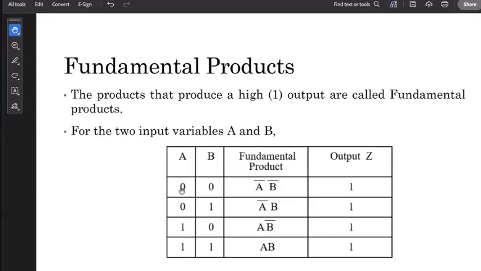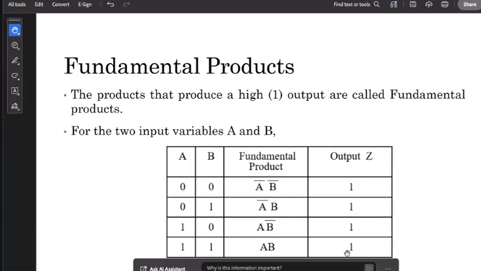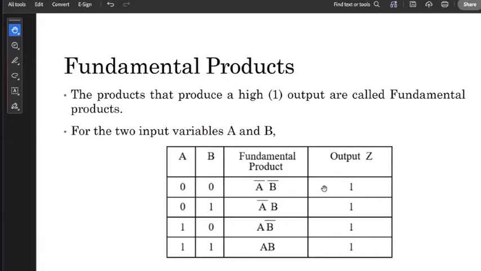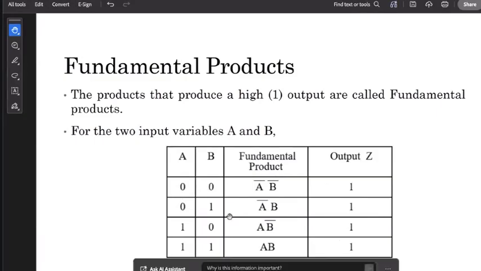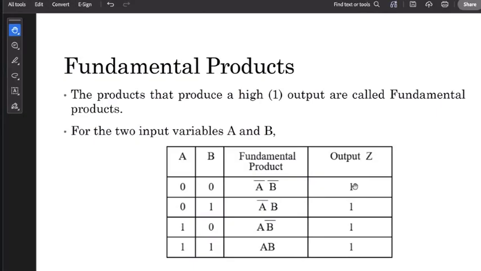So as you can see here, if A is equal to 0, follow up with me. If A is equal to 0 and B is equal to 0, to have output Z equal to 1, what should we multiply? Just think that way. Always, if you want the fundamental product as 1, the variables can vary, A 0, B 0, likewise.